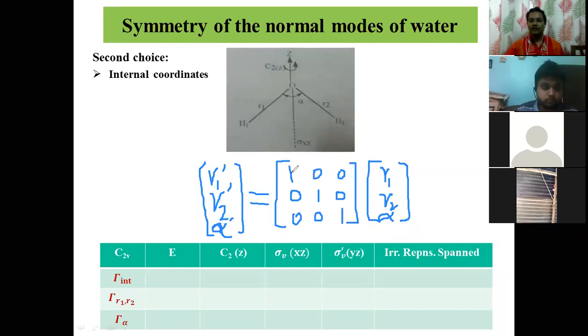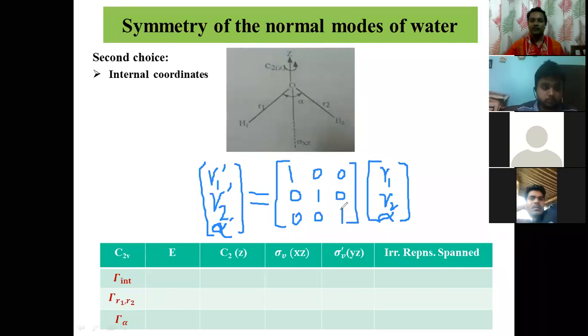So 1 into R1 plus 0 into R2 plus 0 into alpha. So R1 prime is R1. And R2 prime is going to be 0 into R1 plus 1 into R2 plus 0 into alpha, right? So this is basically the matrix for the transformation.